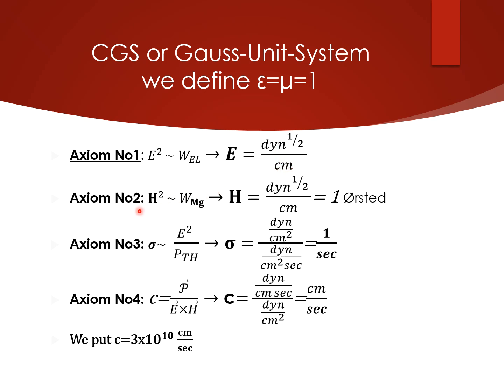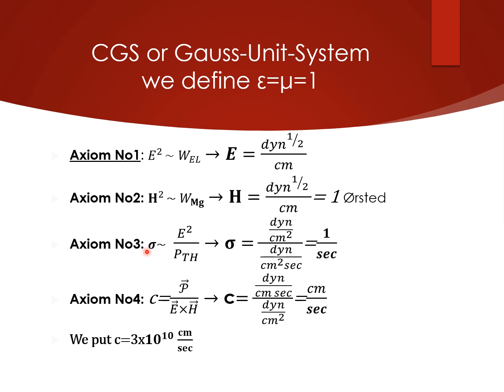The same is for the magnetic strength, which is called 1 oersted, equal to square root of D over centimeter.